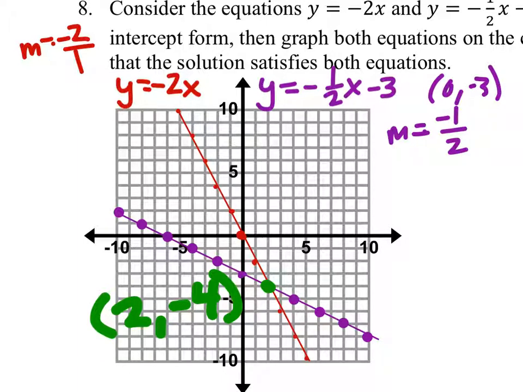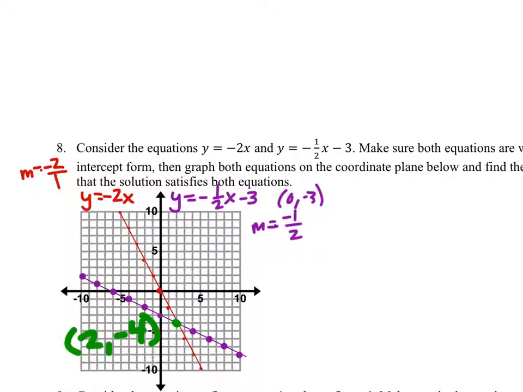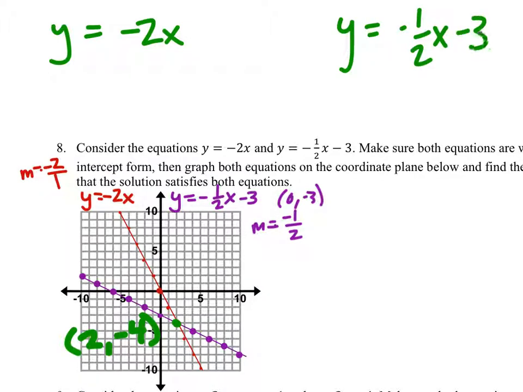But then it wanted us to verify this, so let's do that. I've got y equals -2x and y equals -1/2x minus 3. And the point that I found, we'll replace with the x and y values in both of the equations. The x value was 2 and the y value was -4.